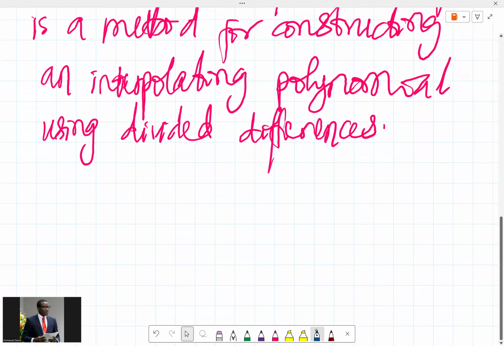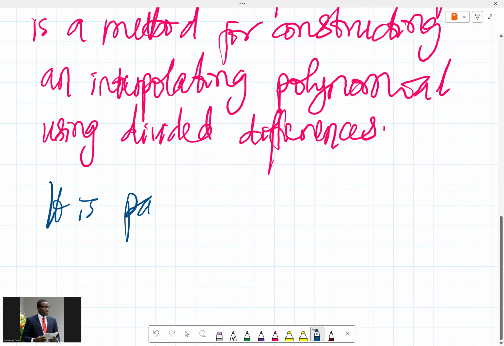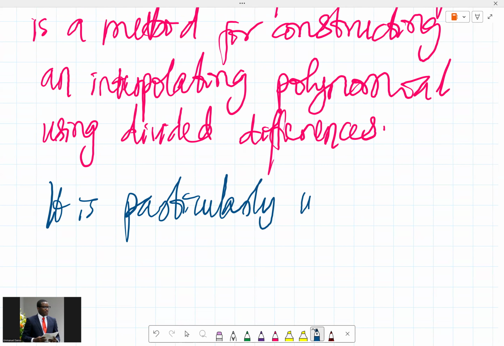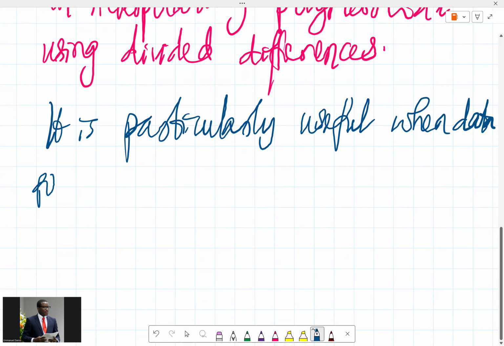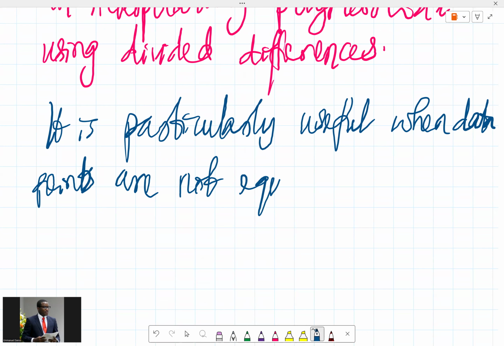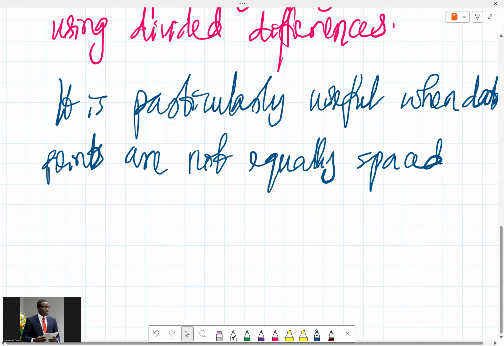It is particularly useful when data points are not equally spaced. The other one, the Lagrange polynomial form, would be better for equally spaced data points, but here this is particularly useful when data points are not equally spaced.